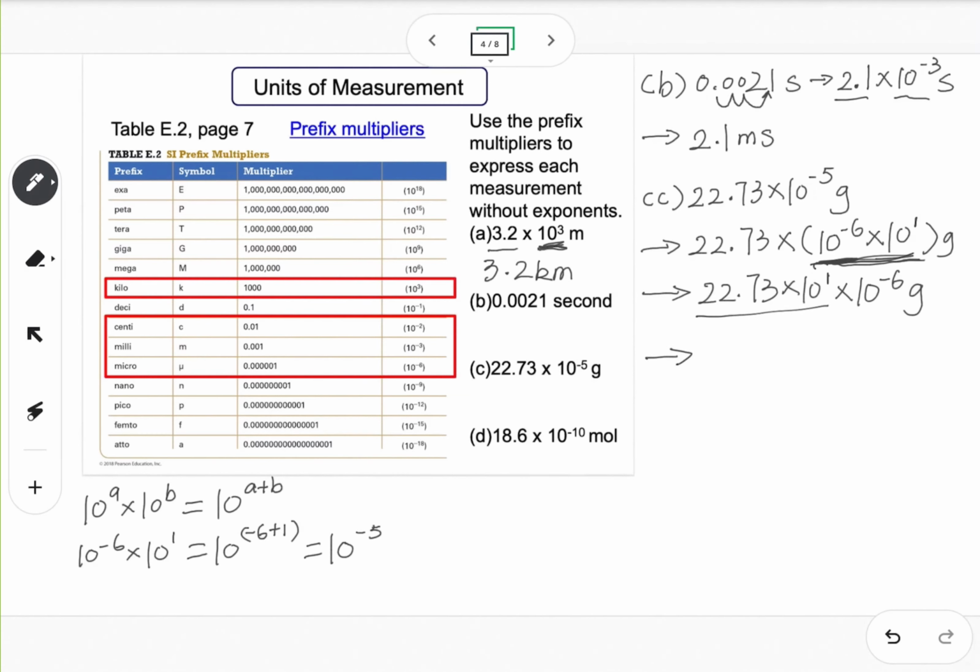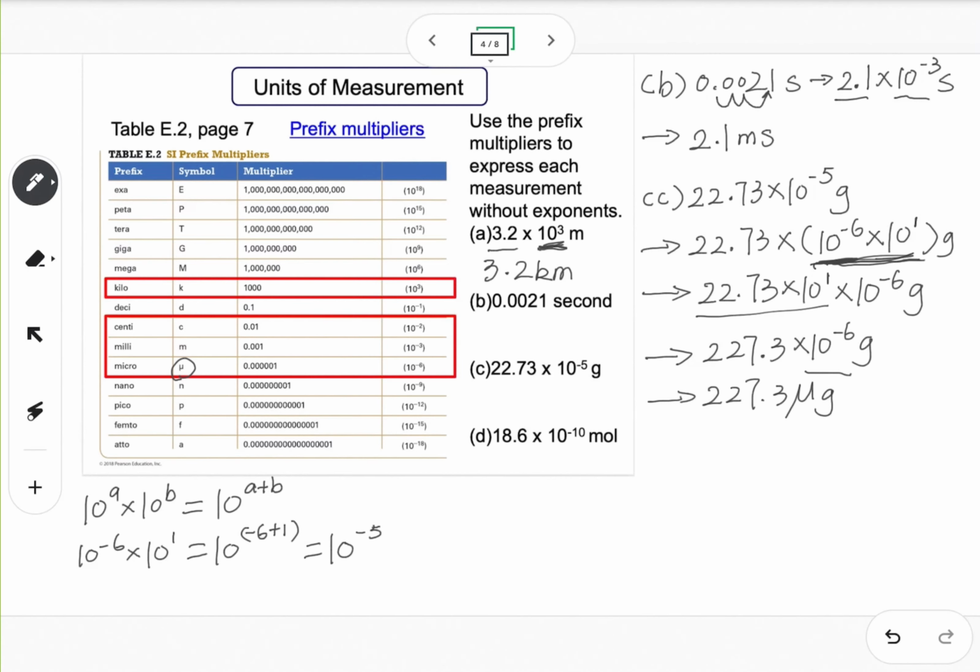That will give me 227.3 times 10 to the negative 6 gram. For 10 to the negative 6, the corresponding prefix multiplier is micro. So we just use micro to replace 10 to the negative 6: microgram. So this is question C.